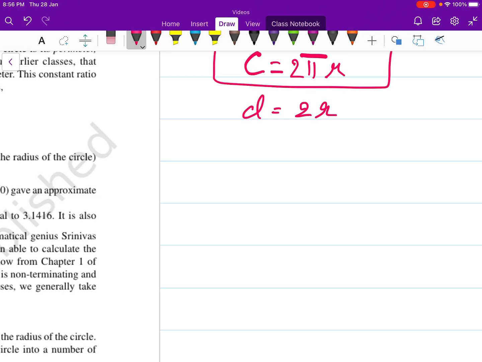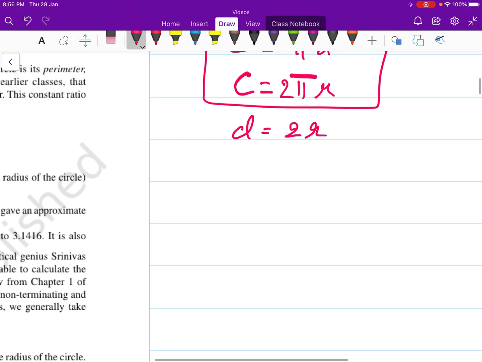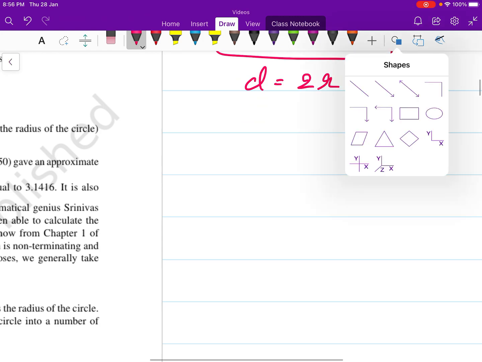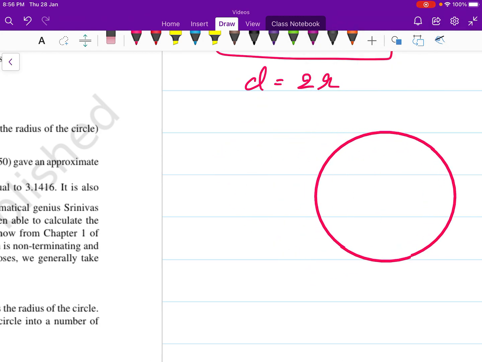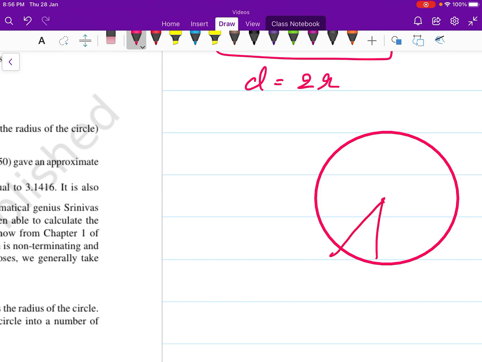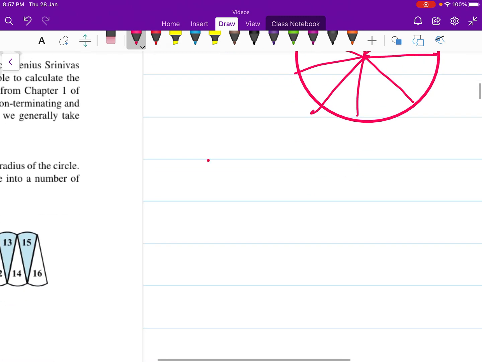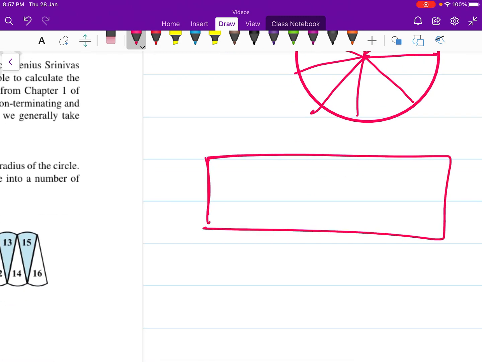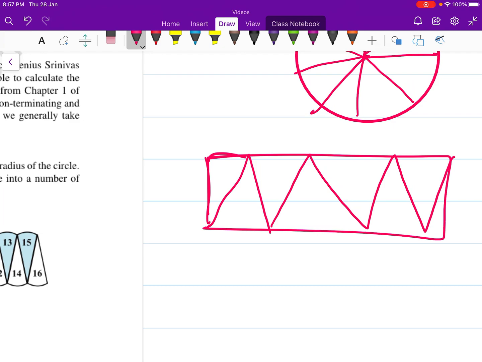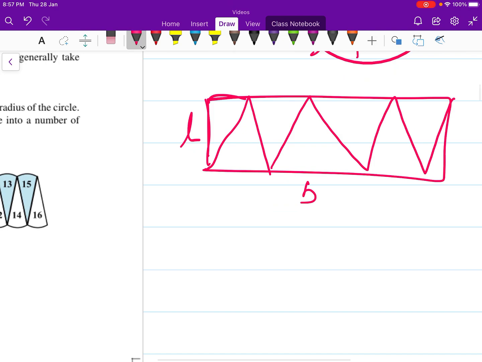Likewise, for area of a circle, if you divide any circle into various parts like this as shown in the figure, and you rearrange them in such a way that it forms a rectangle, then we get the area of the circle as length into breadth of the rectangle, where length and breadth can be found out easily by using the value of r and the perimeter, and we get area of the circle as pi r square.